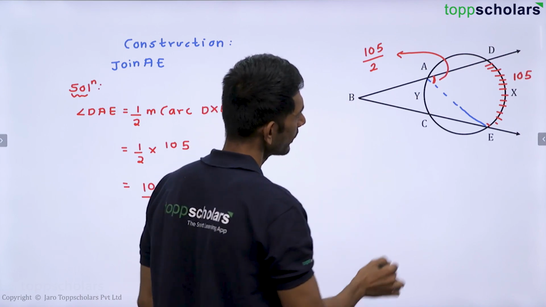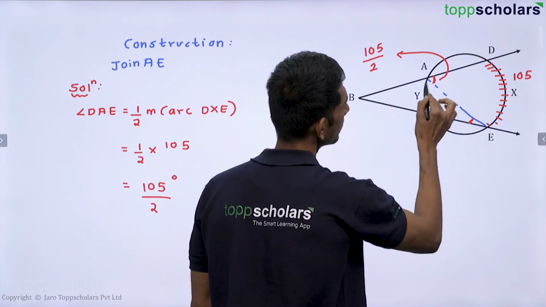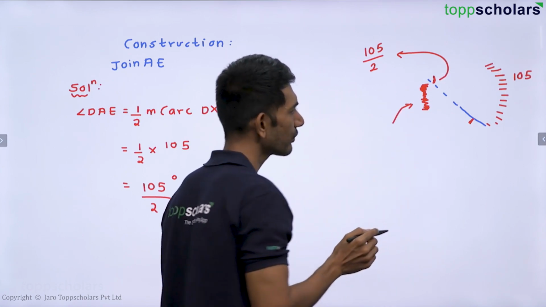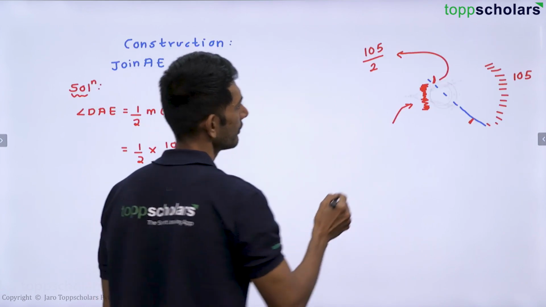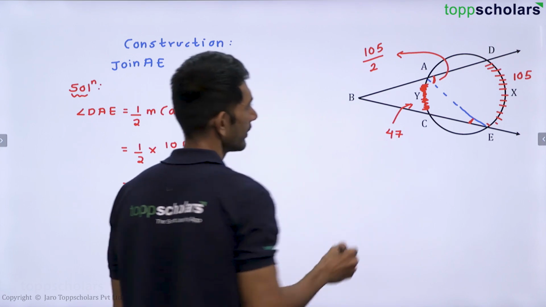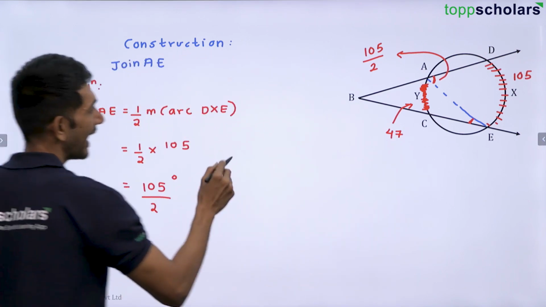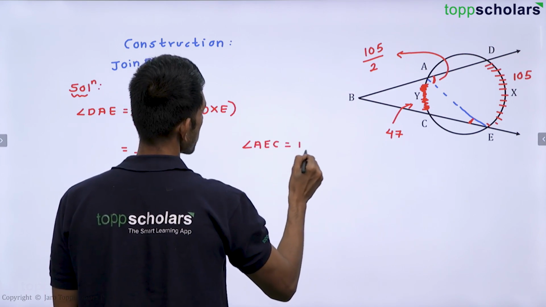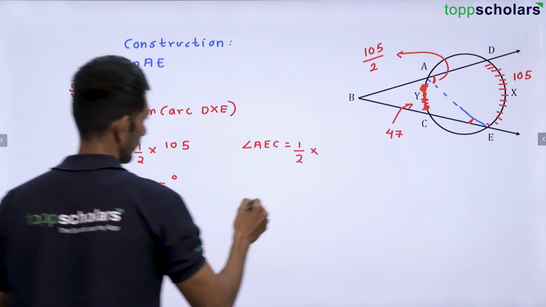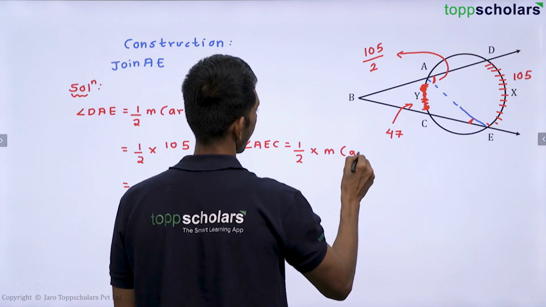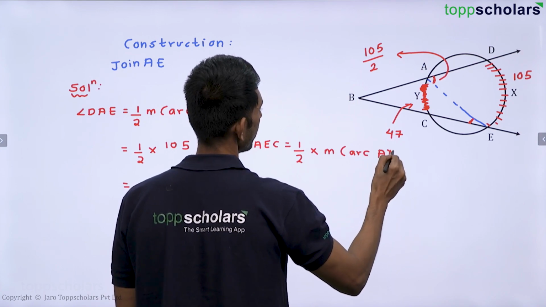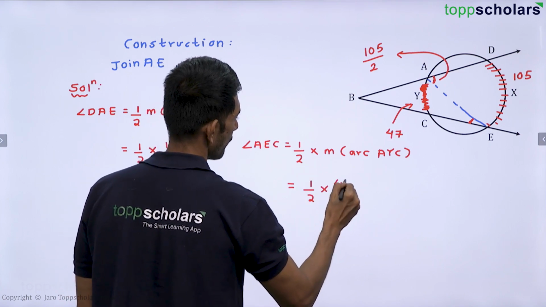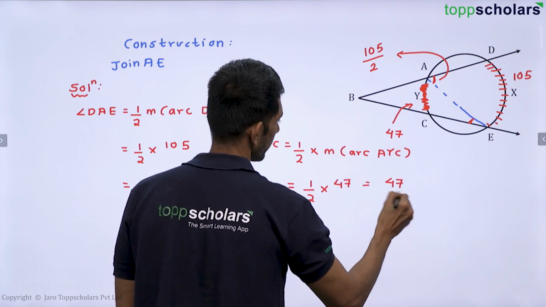Now if I look at the other way around, this angle will be half of arc AYC, which is already given. I guess that was 47. Okay, 47. So can I say angle AEC is half of measure of arc AYC, that is 47 by 2 degrees.